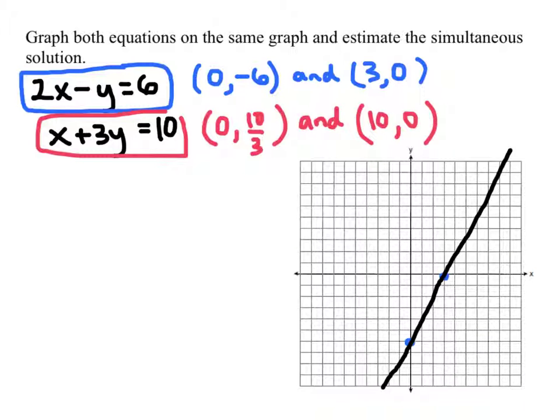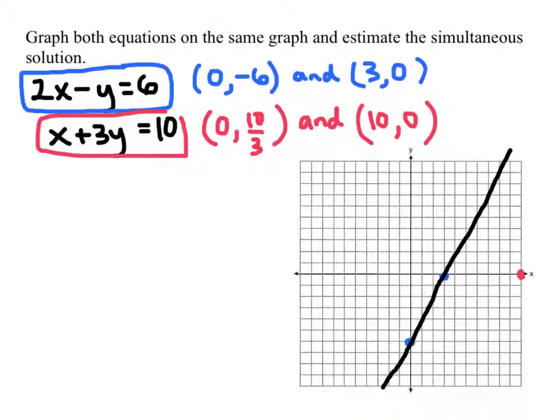I'll also want to plot the intercepts for the second equation. So I'm going to go with 10 comma 0 first. That means we'll start at the origin and move 10 units to the right. So we should land about here.